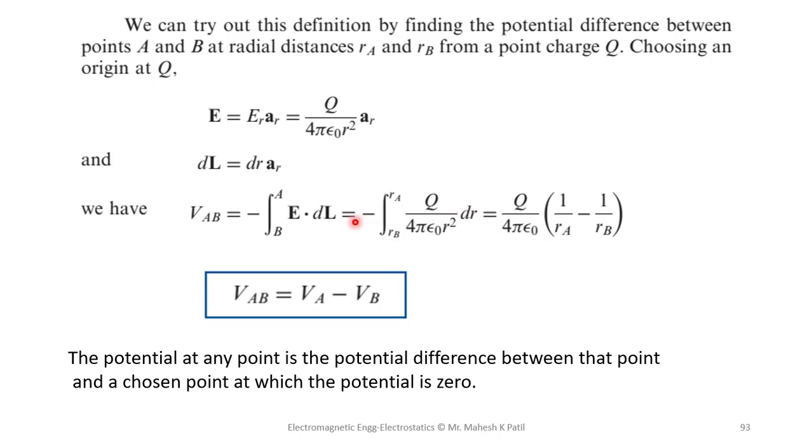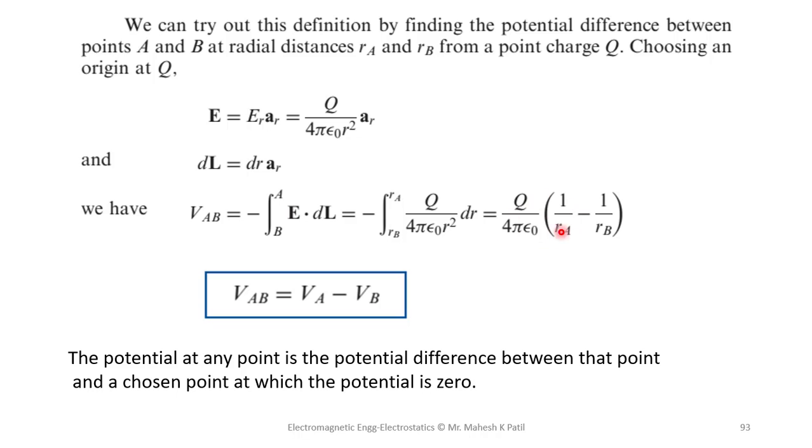So this is minus integration initial to final Q upon 4 pi epsilon naught r square dr. So it will become Q upon 4 pi epsilon naught. If I evaluate this integration, I will get 1 upon r, and putting the limits r_B to r_A, it will become 1 upon r_A minus 1 upon r_B.